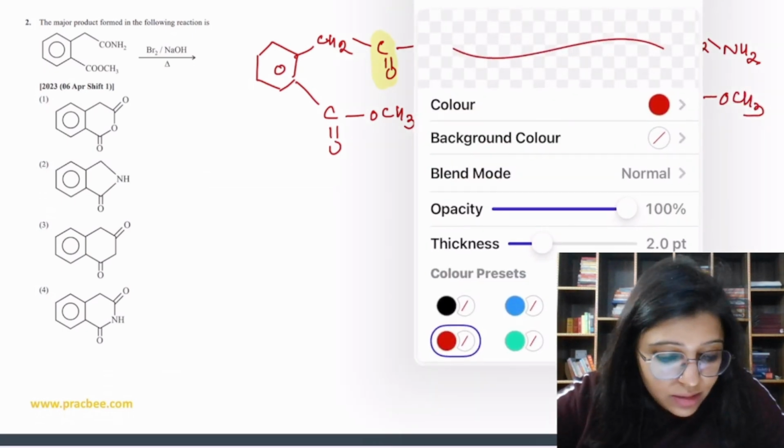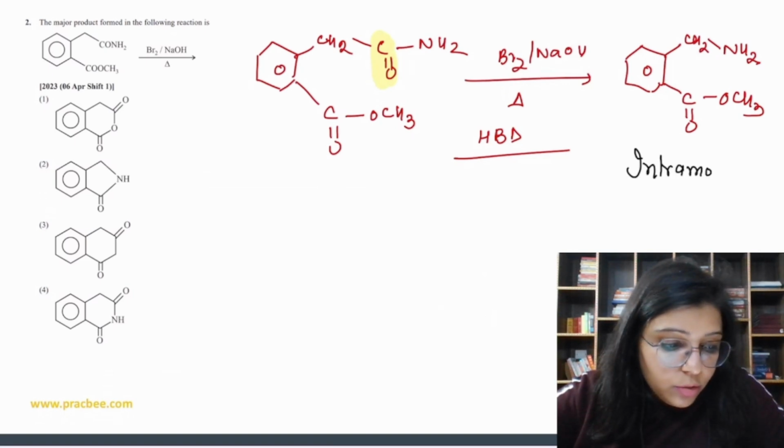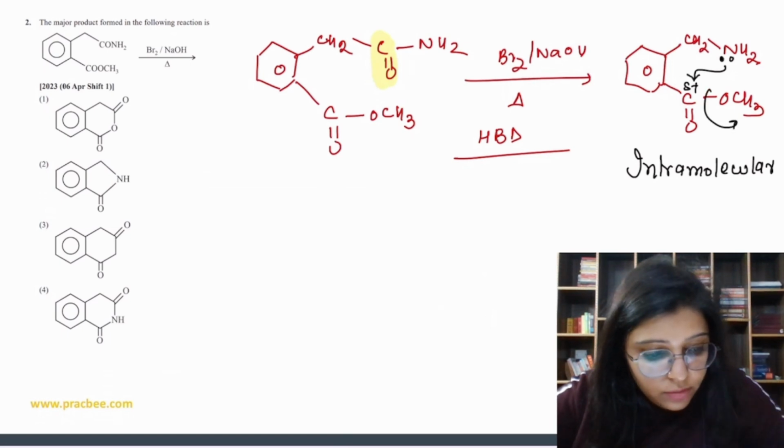Now what happens? Intramolecular attack will happen, because this is the electrophilic center and on nitrogen we have a lone pair. So this attacks over here and OCH3 leaves.